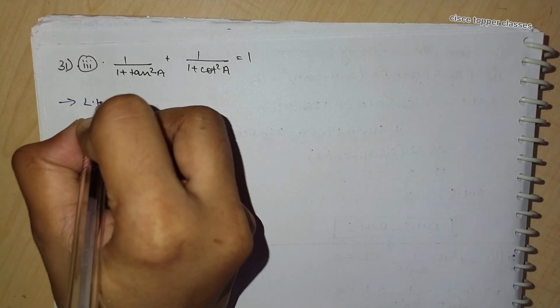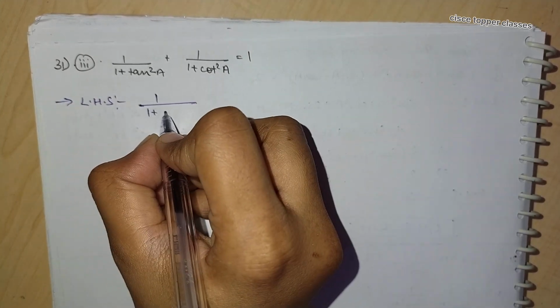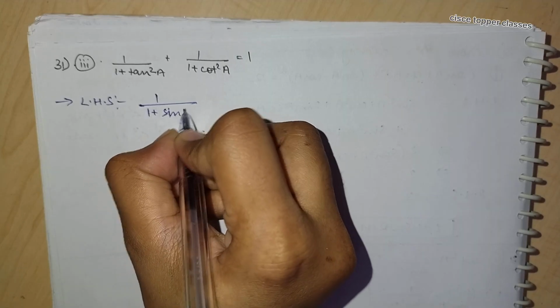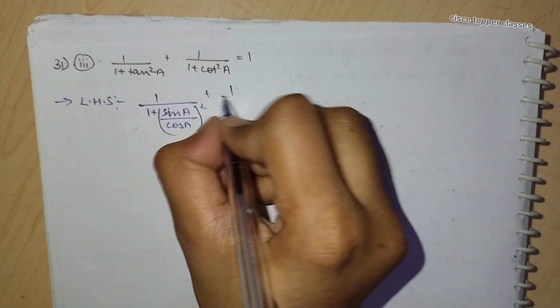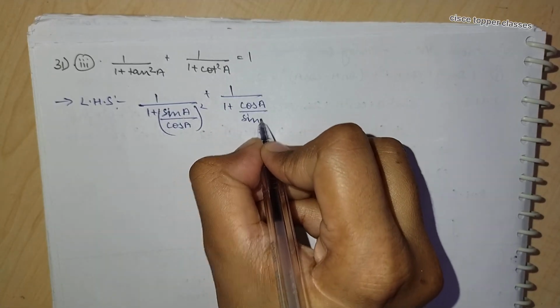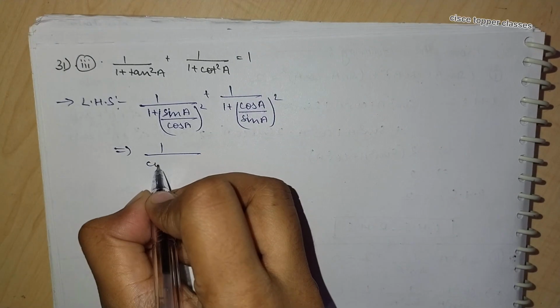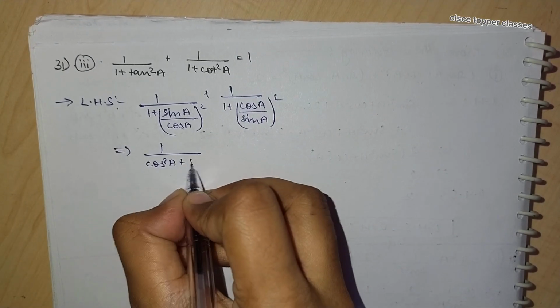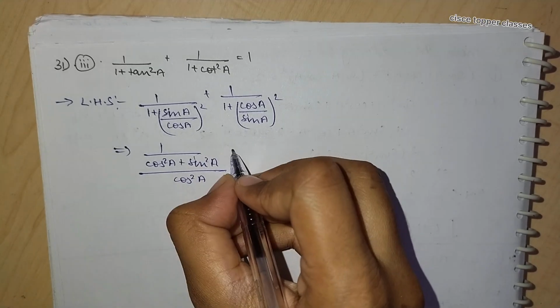If we take the LHS part, this will be 1 by (1 plus sin A divided by cos A) whole square plus 1 by (1 plus cos A divided by sin A) whole square. So this part we can write 1 by (cos square A plus sin square A divided by cos square A) on taking LCM.